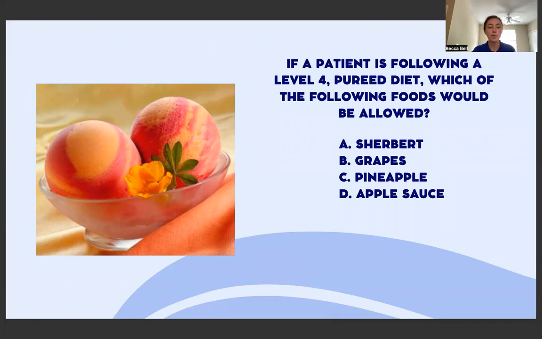Sherbet appears to be like it would fit the pureed mark, but it misses it because if it's left at room temperature, the sherbet turns into a thin liquid, which is not appropriate for a level 4 pureed diet. And then the grapes have a skin that poses a choking hazard, and the same with pineapple. The fibers of the pineapple are also a choking hazard. So the best answer here would be D, applesauce.